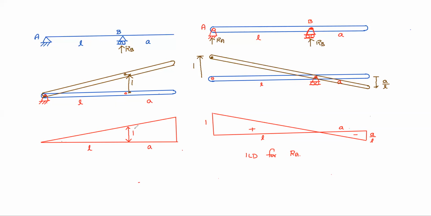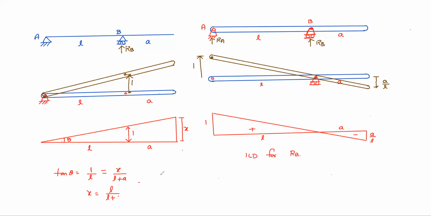For L length, 1 unit means for L plus A it will be how much? See, very simple. Suppose this is X, then you can calculate. Let us assume the angle is theta. In this triangle, tan theta is 1 by L, right? Equal to X by L plus A. So obviously X equal to how much?